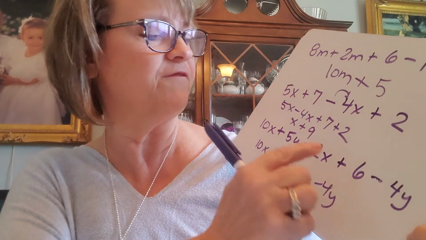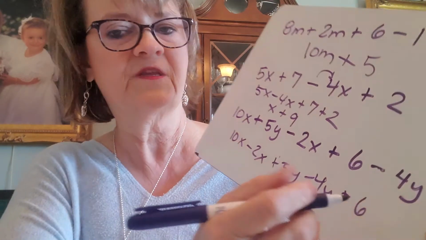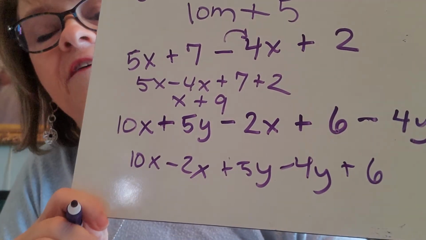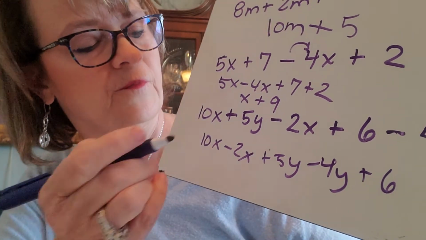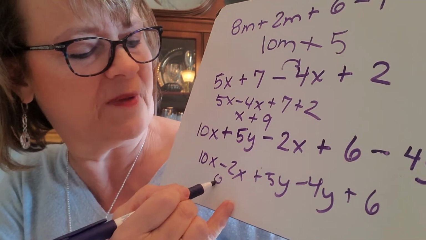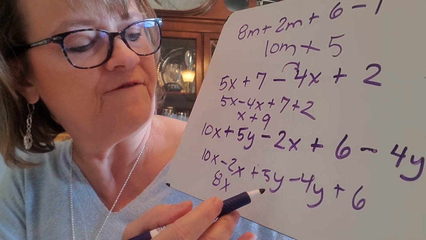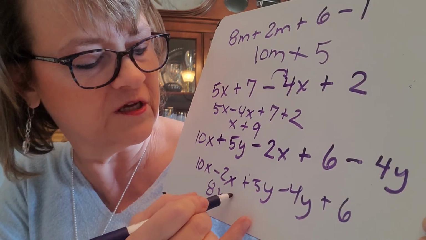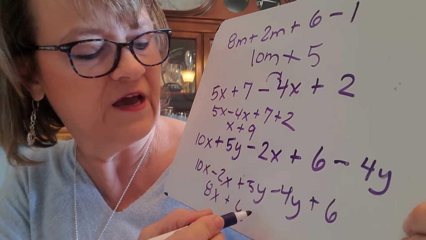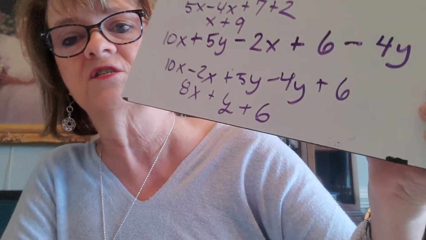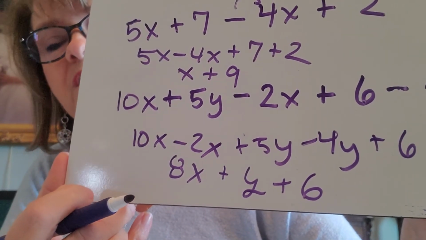And the only thing I have left is that add 6. That doesn't have any x's, it doesn't have any y's. So now 10x's, take away 2 of them, makes 8 of those guys. 5y's, take away 4 of those, gives me just 1 of those guys. And then we have to add 6. It has no x's, no y's, it's totally separate.